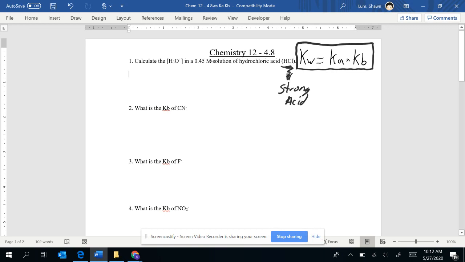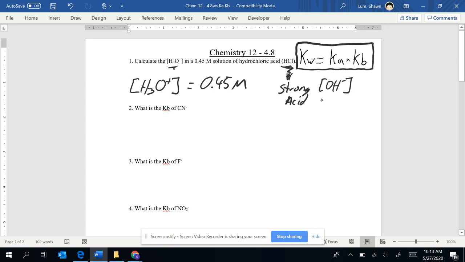If it's 0.45 molar, this is the acid portion of water, so the concentration of H3O+ will also be 0.45 molar. What I should have asked in this question is to calculate the OH- concentration.